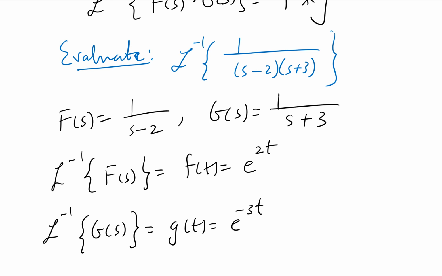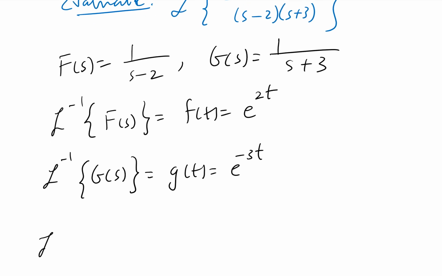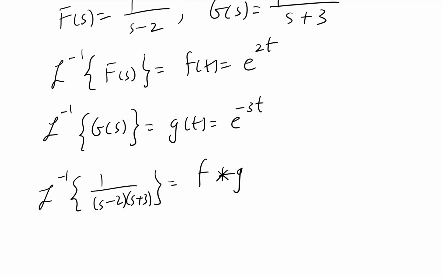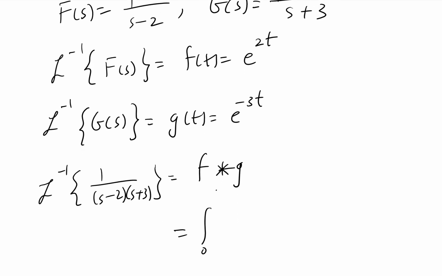Then we know that what we are looking for is f convoluted with g, and by the definition of convolution, the integral from 0 to t of f of tau times g of t minus tau d tau.